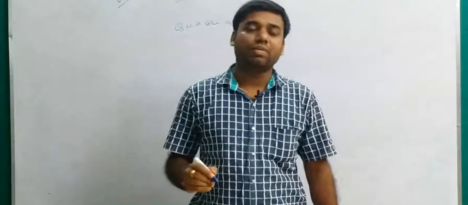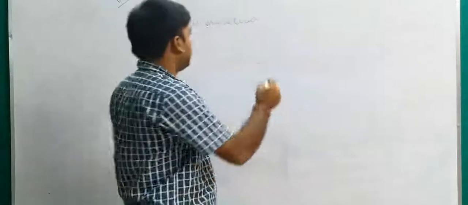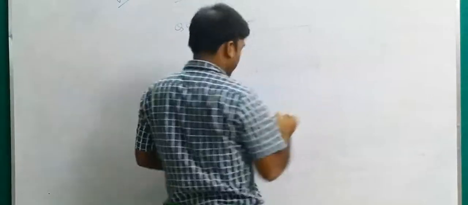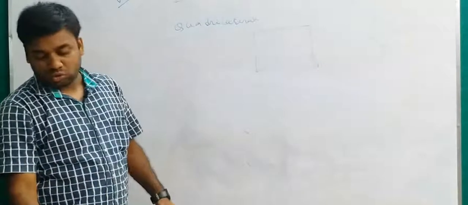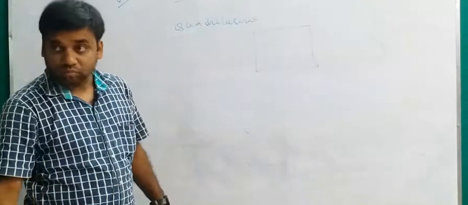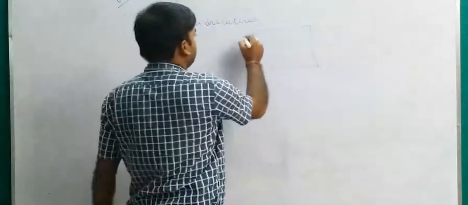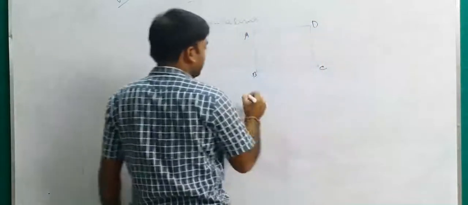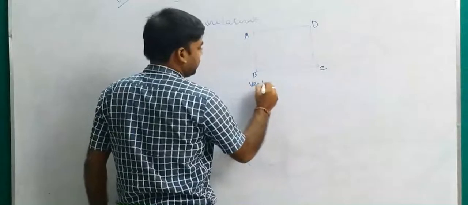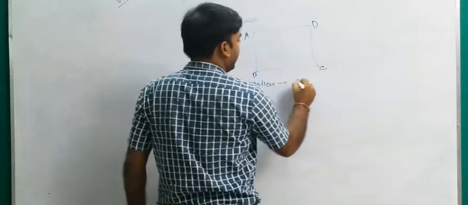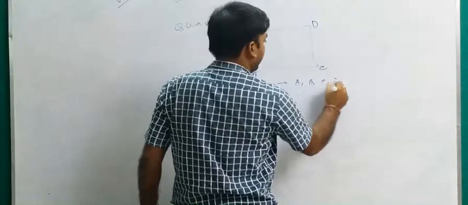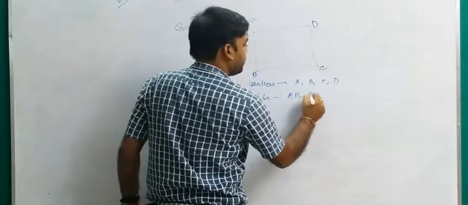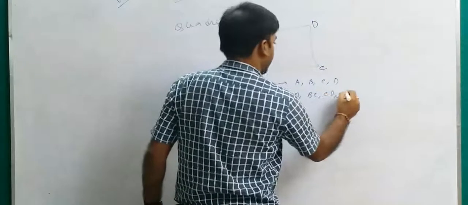So in quadrilateral ABCD there are 4 vertices, A, B, C and D, and the sides are AB, BC, CD and AD.